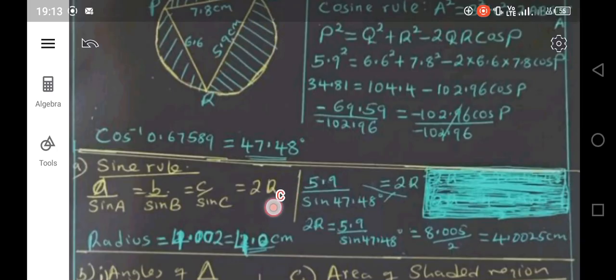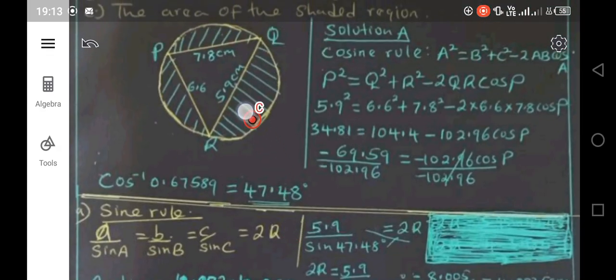We say 5.9 over sine 47.48 degrees equals 2r. 5.9 divided by sine 47.48, you find 8.005, divided by 2 so that you can get the radius. We have 4.0025, which at one decimal place is 4.0 centimeters. That is the radius of this circle.